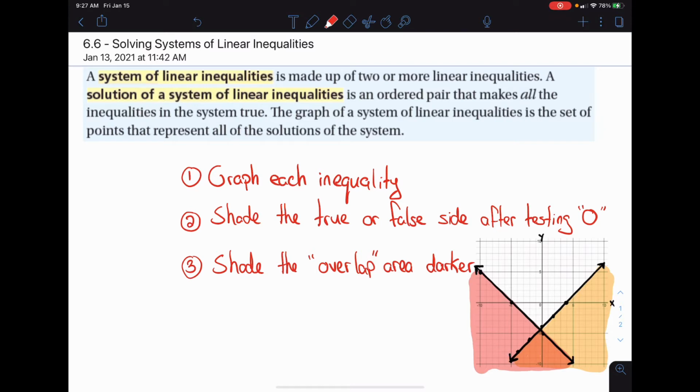I think it becomes pretty clear that where they overlap is right here in this pinkish hued section. So one of the solutions is in here, one of the solutions is in here, but the solution for the system of linear inequalities is this section in here.